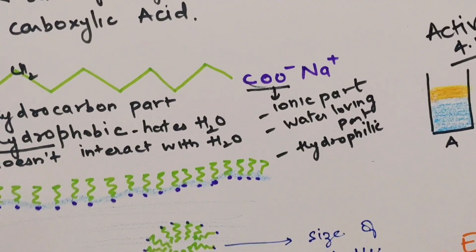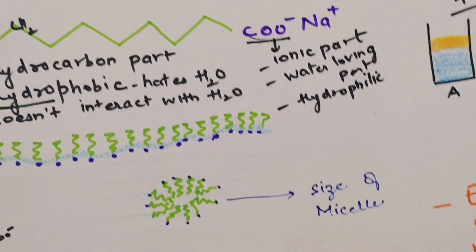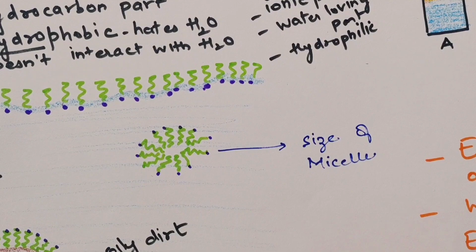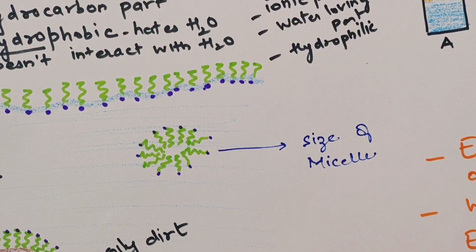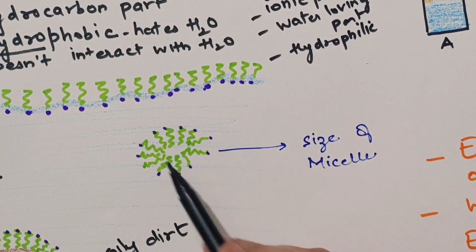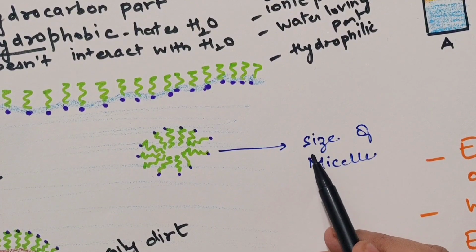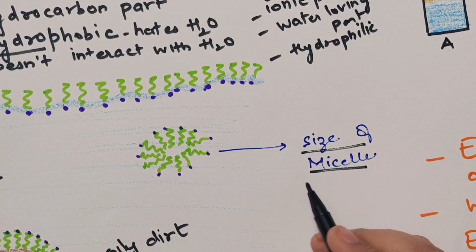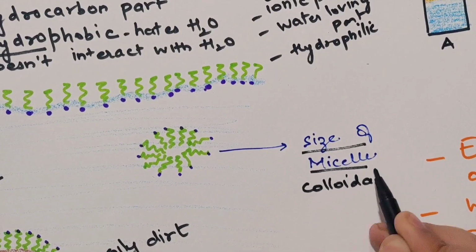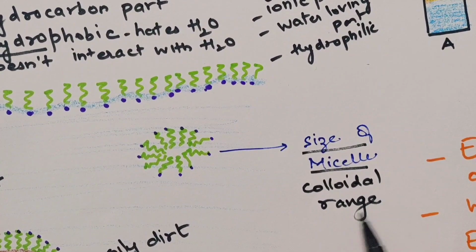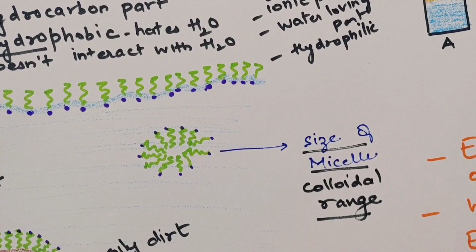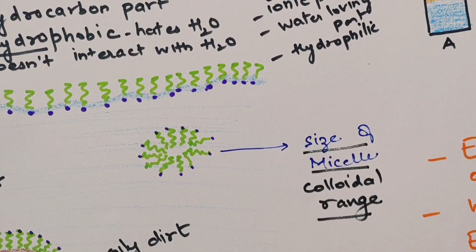Now, the colloidal nature of soap solution. Colloidal nature can be explained by the fact that the micelle falls in the size of the colloidal range. If you remember grade 9, you learned about true solutions, colloids and suspensions. The first difference between the three was that they have different sizes of particles.